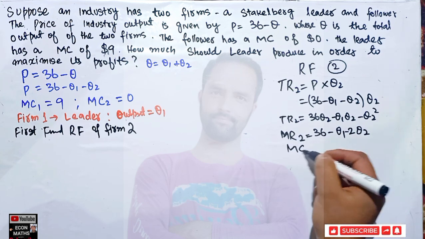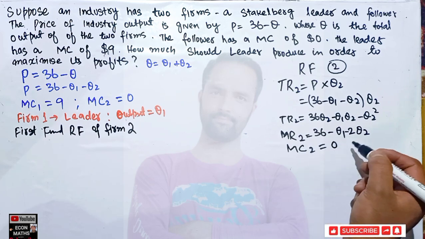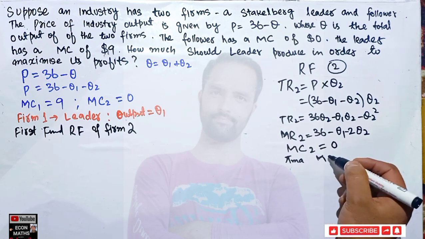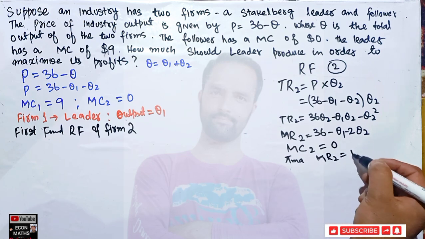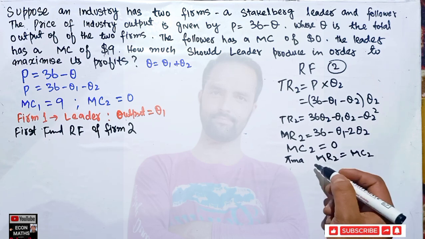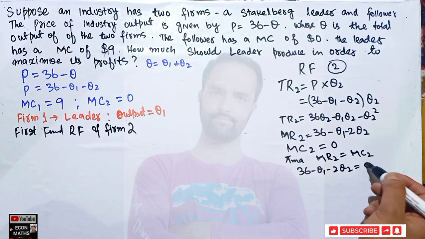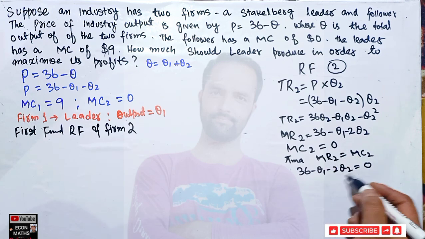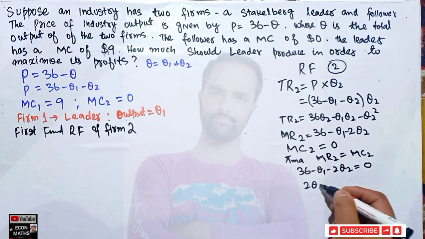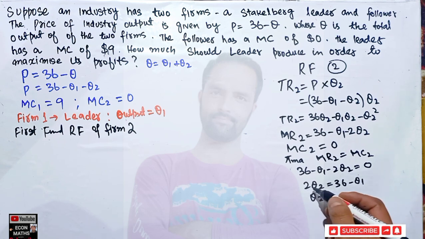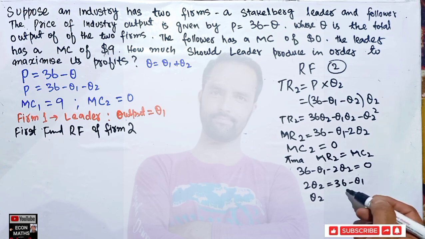And the marginal cost for firm 2 is given as 0. Profit maximization requires that we equate marginal revenue for firm 2 with its marginal cost. That means 36 minus Q1 minus 2Q2 should be equal to 0, which implies 2Q2 is equal to 36 minus Q1, or Q2 is equal to 36 upon 2, which is 18, minus Q1 upon 2.